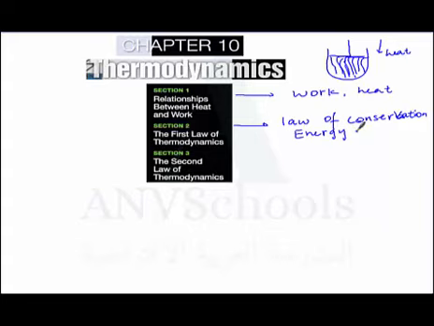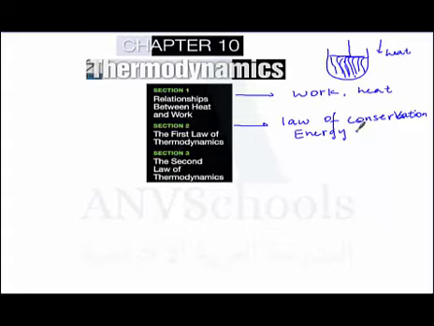If you have a system, and you do some work on the system, there will be a change in the internal energy of the system. The total change in the internal energy of the system is the sum of the amount of heat energy added to the system plus the total work done on the system.